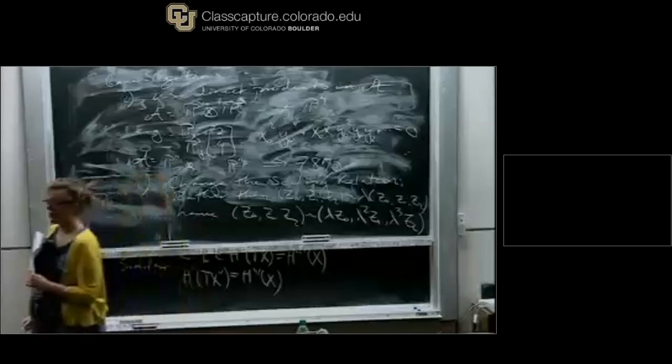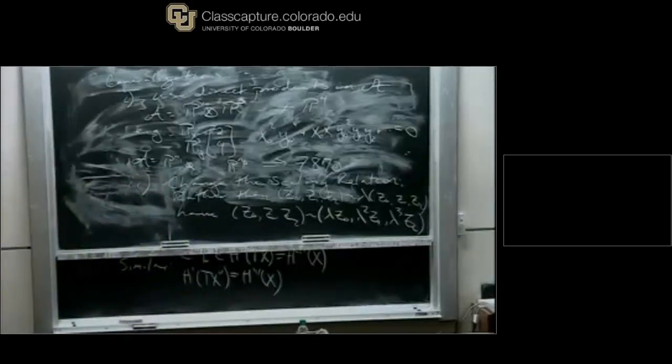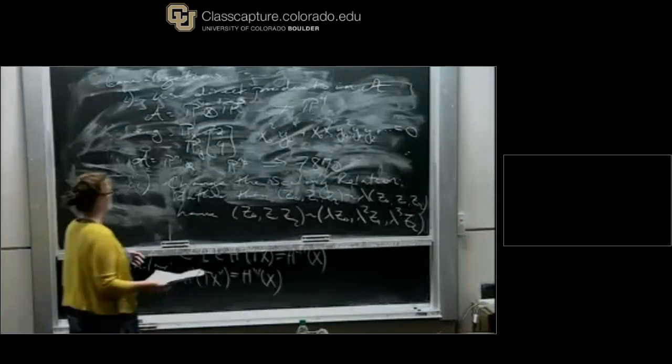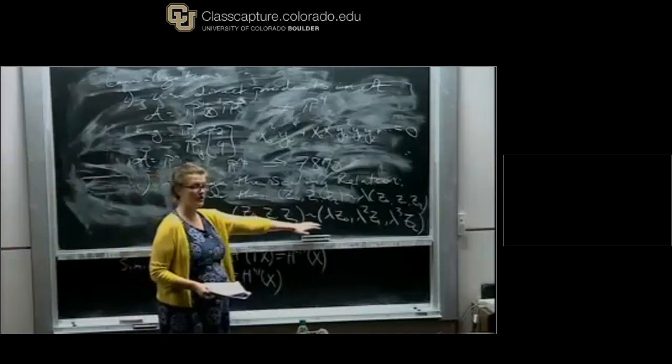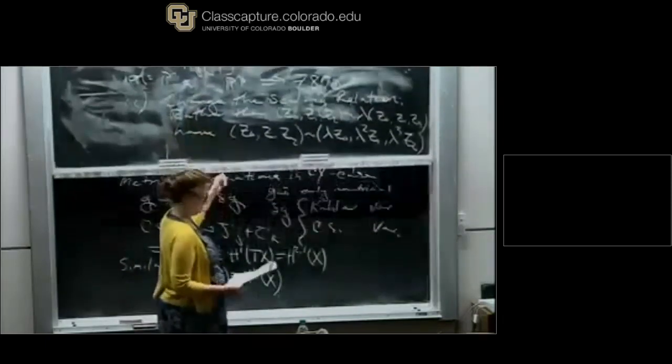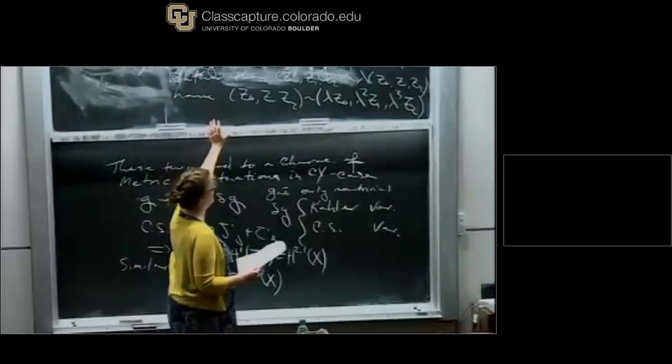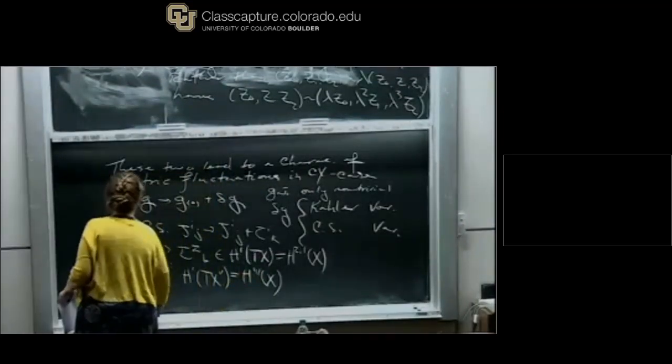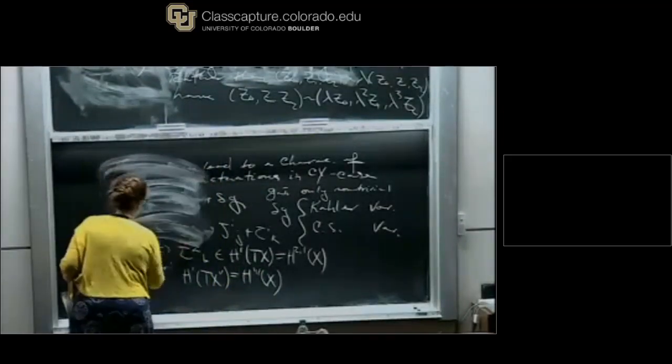This will still give you good polynomial equations as long as you write down homogeneous equations. As long as you write down homogeneous equations of the right overall degree, this will still give you Calabi-Yaus. And this is called a weighted projective space.